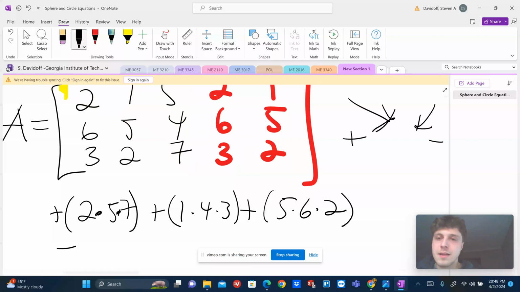Now I'm going to subtract. Now I'm going to go from left to right, and I'm sorry, I drew this arrow backwards to go that way.